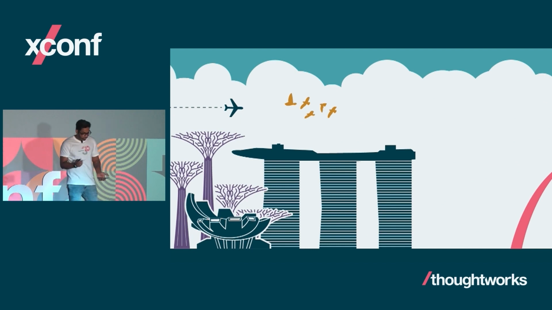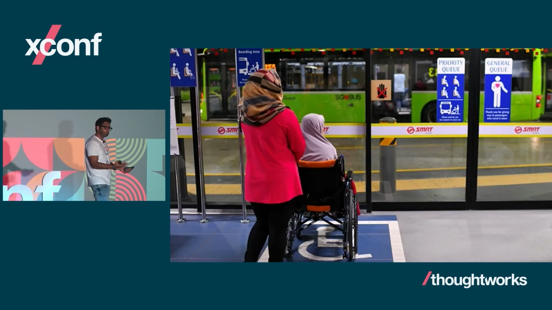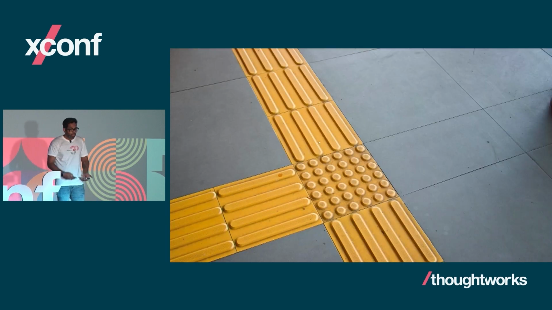When we take him out, one thing I see that is really nice is that everything is accessible, from your bus to your malls, to the MRTs. It's not just accessible for a toddler with a stroller; it's accessibility in every other way, right?